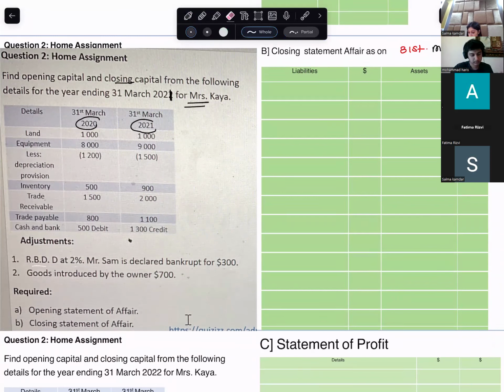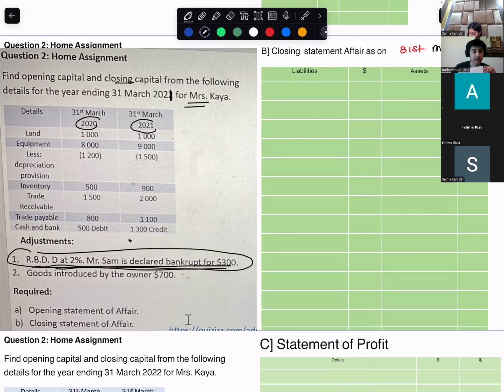What is the adjustment for? RBDD at 2%. Mr. Sam is declared bankrupt for 300. Haris, what will I do for this adjustment? We're going to minus 300 from the trade receivables and multiply by 2%.